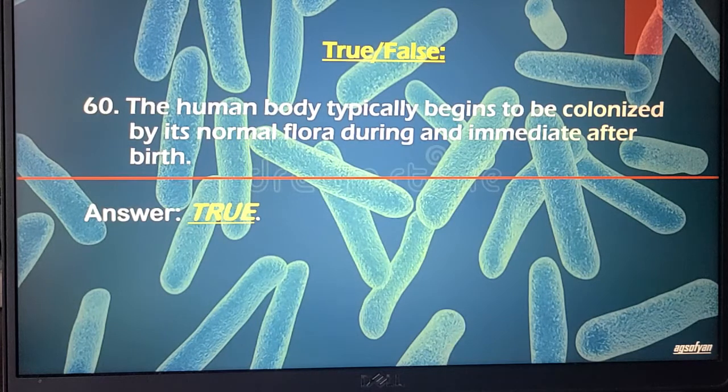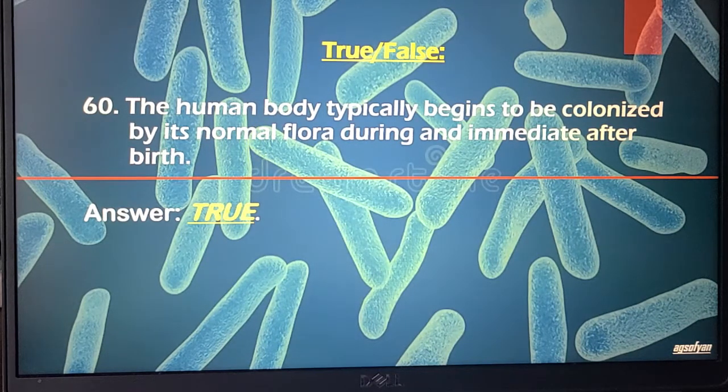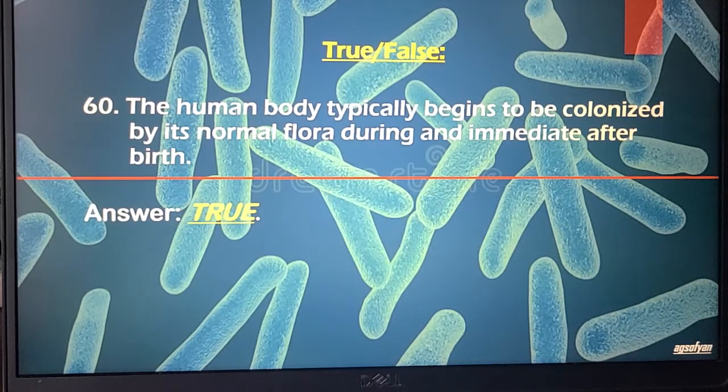But right after birth or during birth, this baby usually gets normal flora, maybe from the air, from the doctor, or maybe from their own mother. So the normal flora start the colonization during and immediately after birth.